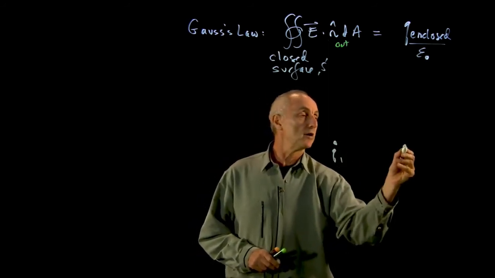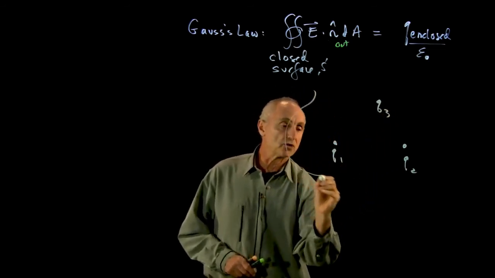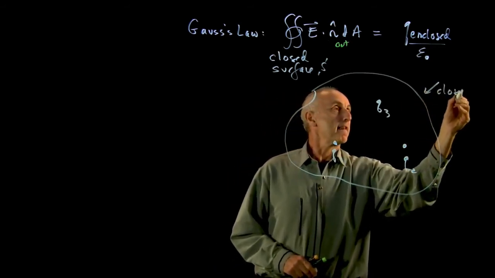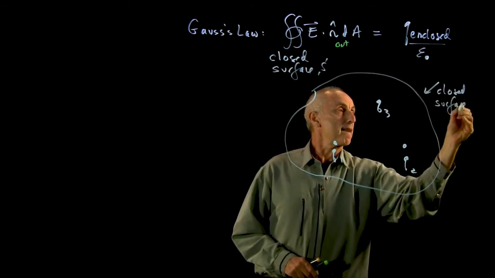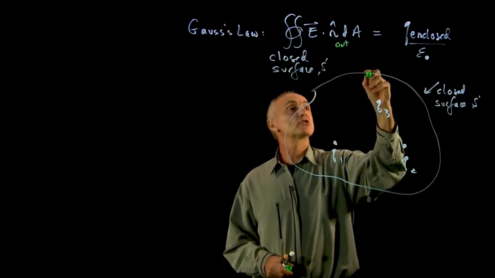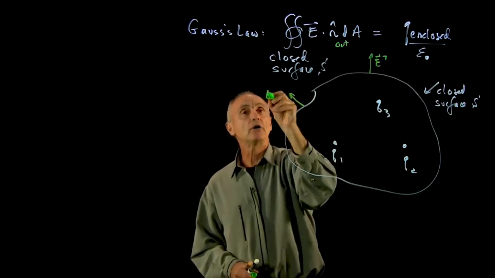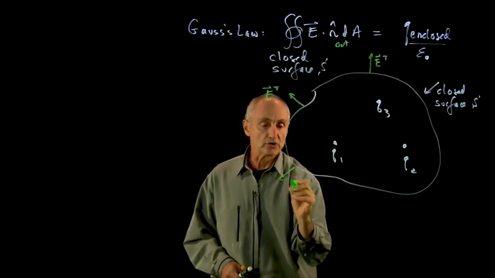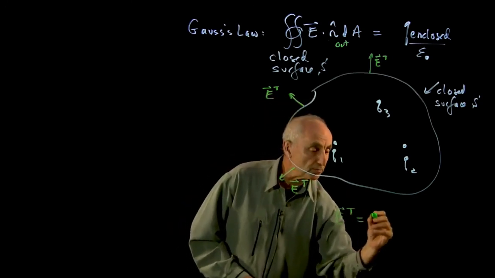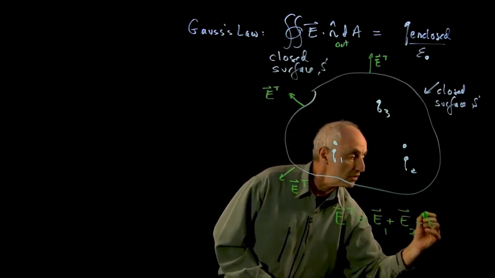Suppose we have charge Q1, charge Q2, and charge Q3, and an arbitrary closed surface S. Now, the electric field here is going to be the total electric field coming from this entire collection of charges. But we know, and this is the beauty of the superposition principle, that this is the sum of the electric field of the individual charges.